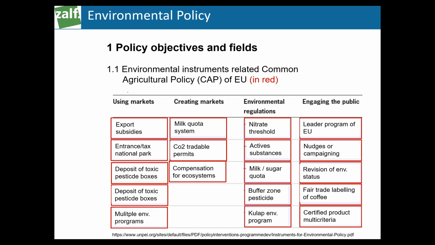Is it understandable? If you look, for example, at the level of the NDCs, the national contributions you have to make according to the Paris Agreement, then tradable permits would be ideal.